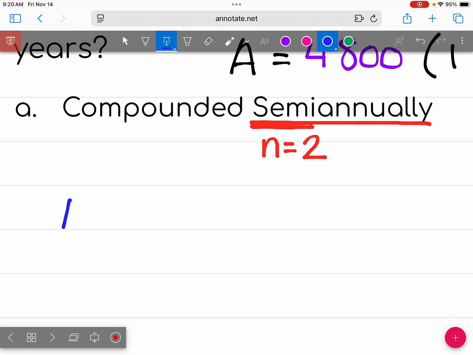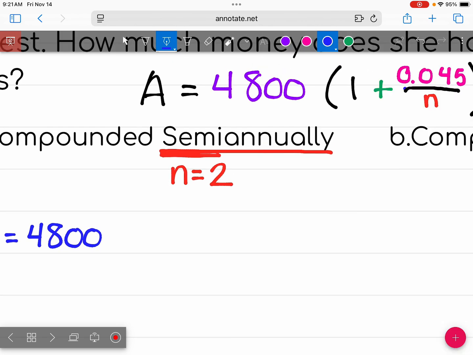So we'll put this together as one big equation: 4,800 times 1 plus 0.045 over 2, to the power of 20 times 2.